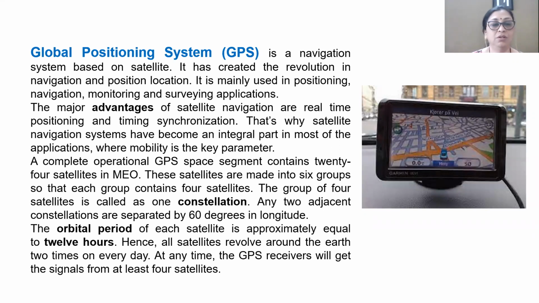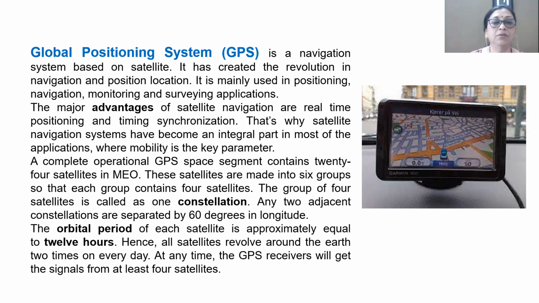And these two adjacent constellations are generally separated by 60 degrees in longitude. These are some of the important points that you have to remember. Generally, for application, at a time, out of these 24 satellites, 4 satellites are used to navigate or to find the location. This also needs to be remembered.